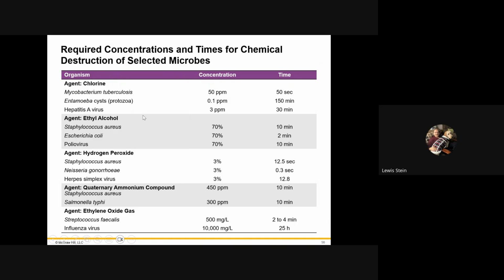Alcohol, which we use commonly, good old 70% alcohol solutions, needs more time, but it evaporates too quickly. It's almost like letting it soak in the alcohol. You don't see that. And some agents work more rapidly. The times are interesting, and you don't have to know any of these times.